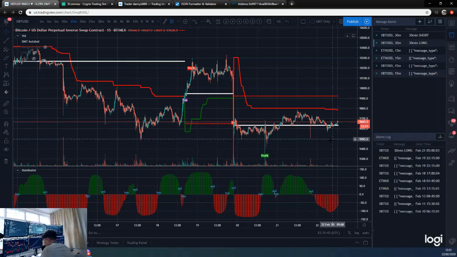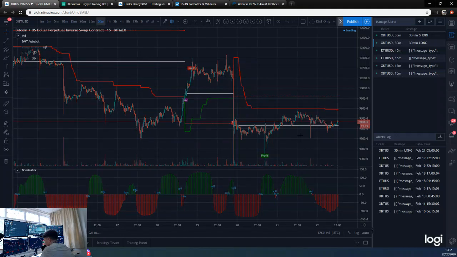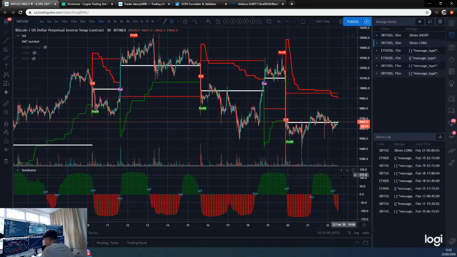So the 30-minute, this is something I wanted to show you, because I'm actually going to set up a bot, an automated trading strategy based on this 30-minute dominator. And it's going to be a bit different to the DMT, where we have market orders and then smash the full position size once we close the candle over.